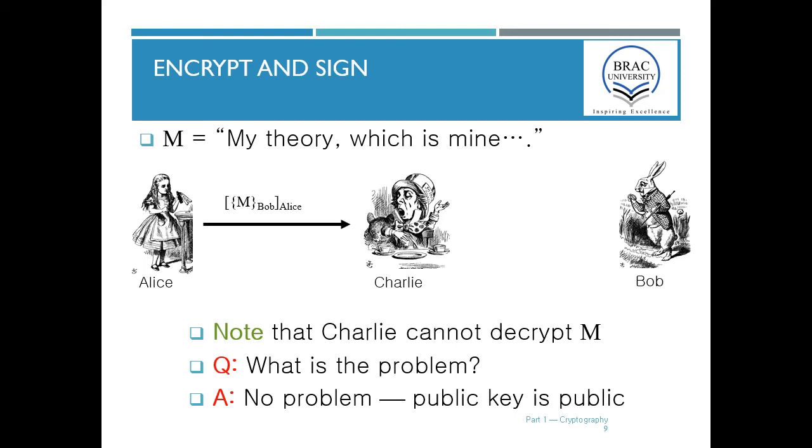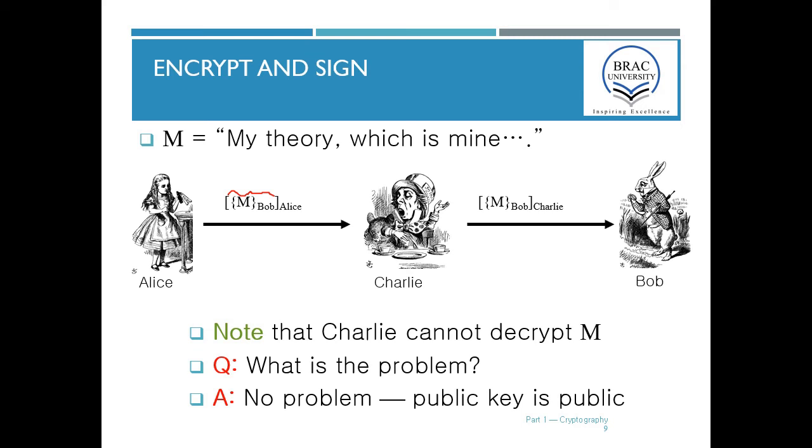So what will happen? Alice encrypts this message first and then signs it and sends it to Bob. But Charlie is in the middle, so Charlie actually receives this message. What will he do?